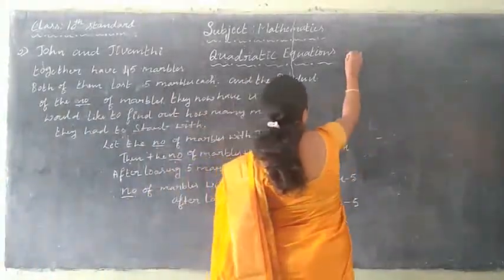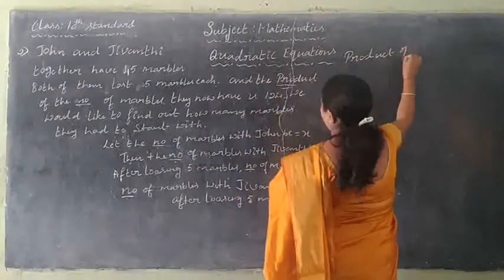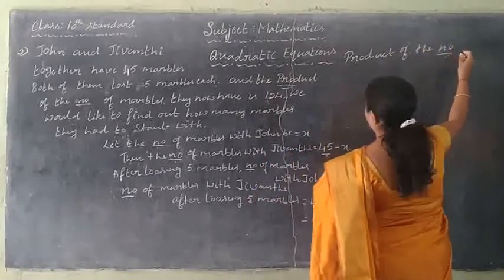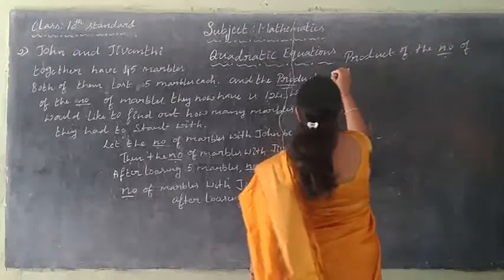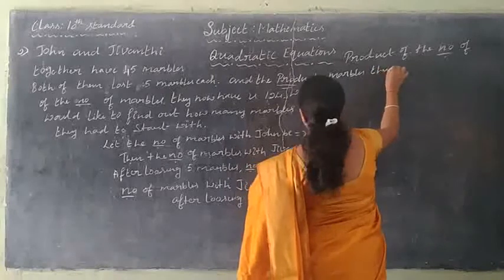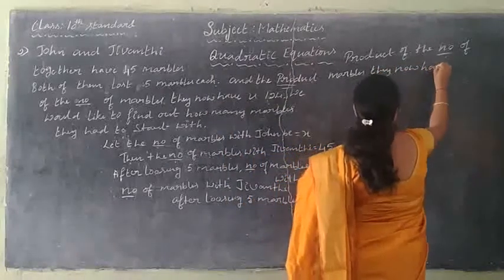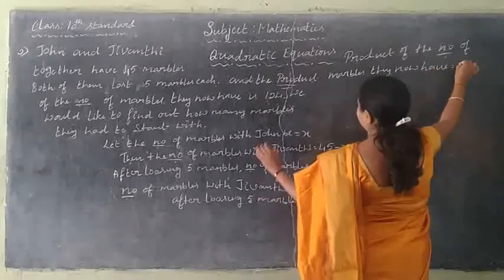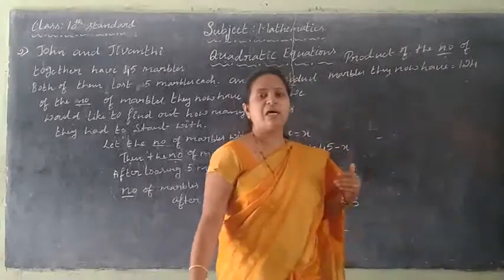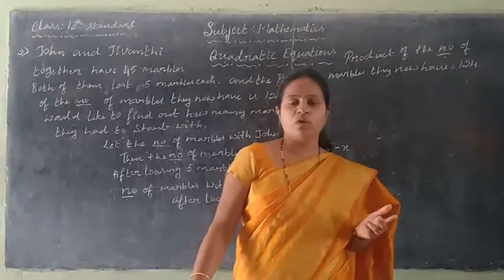So the product of the number of marbles they now have, that is how much? 124. After losing the 5 marbles, the product of the marbles including both is 124.